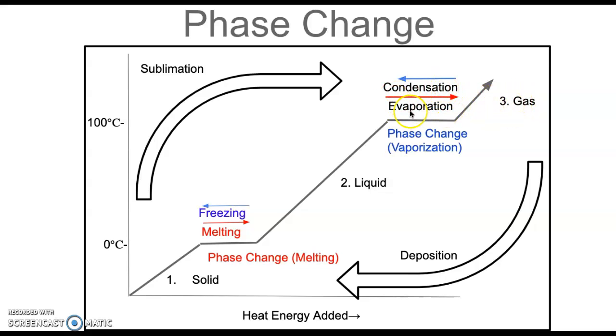So a lot of these terms should be familiar. There are also instances where the solid will go straight to gas, skipping the liquid phase, or the gas will go directly to a solid. This takes a lot more energy, and there are some examples. You can think about sublimation. A solid that goes directly to a gas would be dry ice.